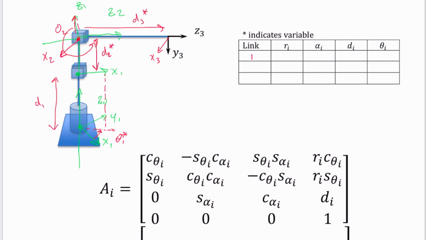And so I can write these in. I've got links 1, 2, and 3. I know that this is my theta 1 star, and I've got my d2 star and my d3 star. I have 0 radial offset, and my z-axes are parallel, but I do have a d1 value here. Second link, since they intersect, I've got no radial distance.